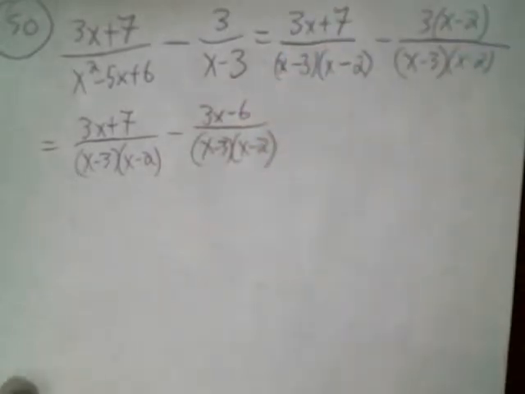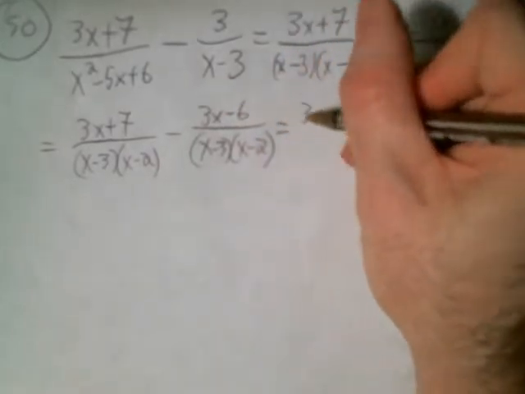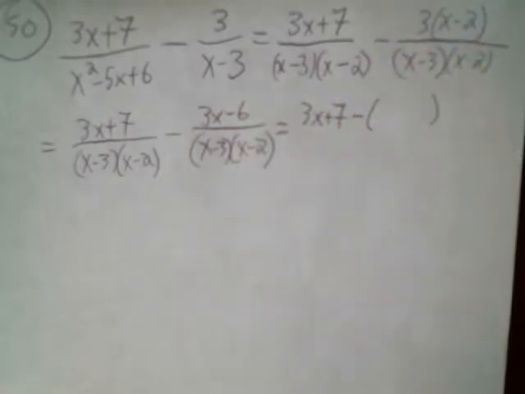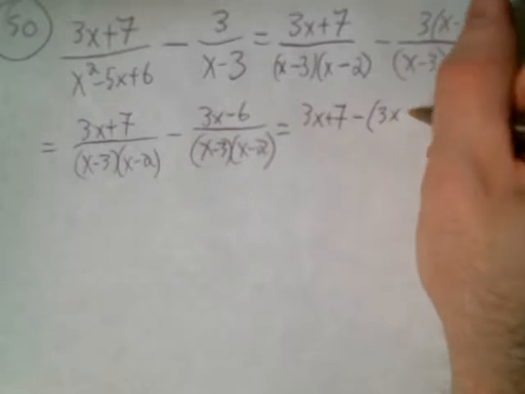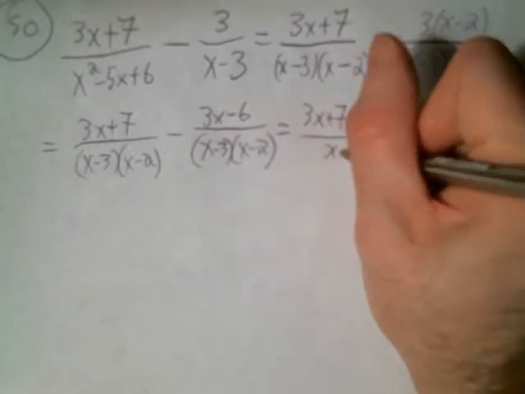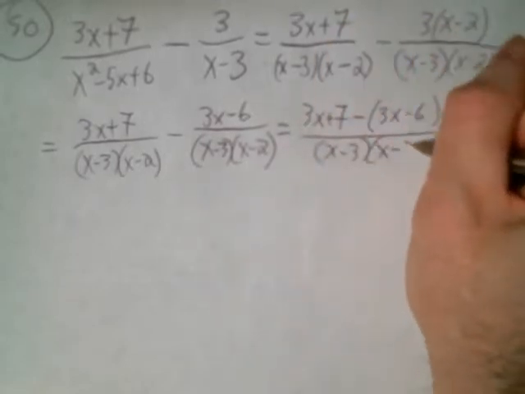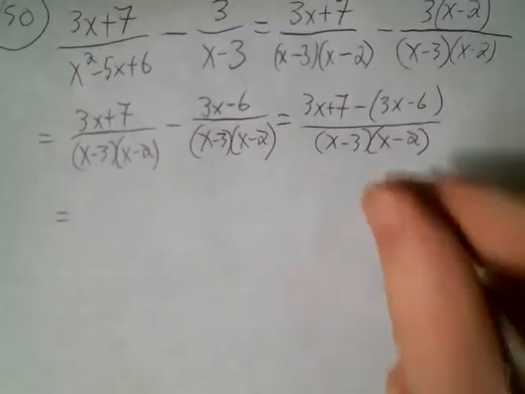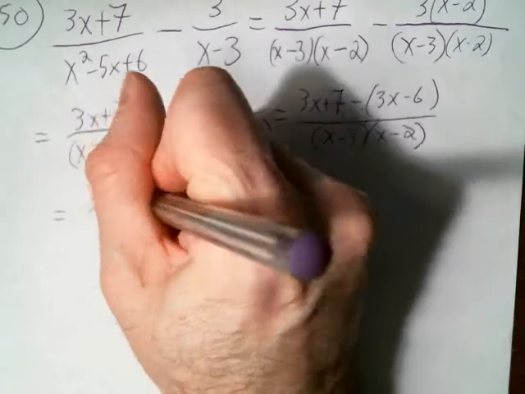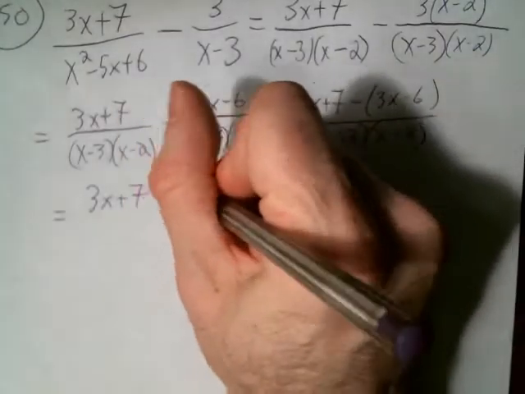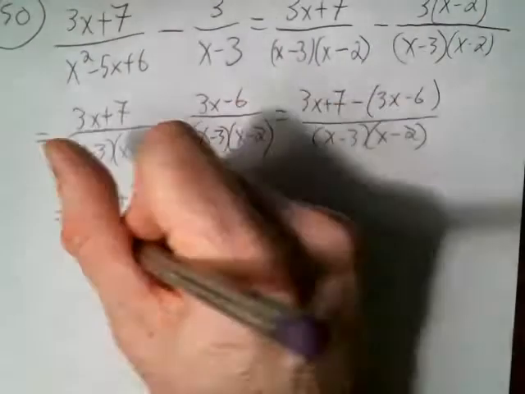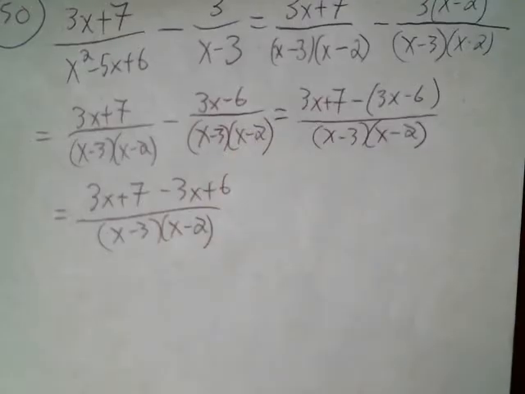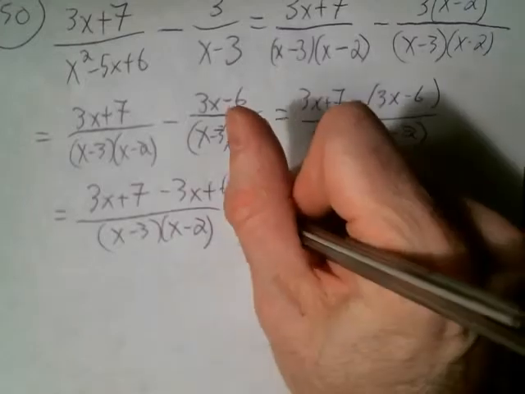Okay, now I need to subtract the numerators. So again, you need to indicate that with parentheses. You're subtracting the entire second numerator, not just part of it. Distribute that negative. Simplify.